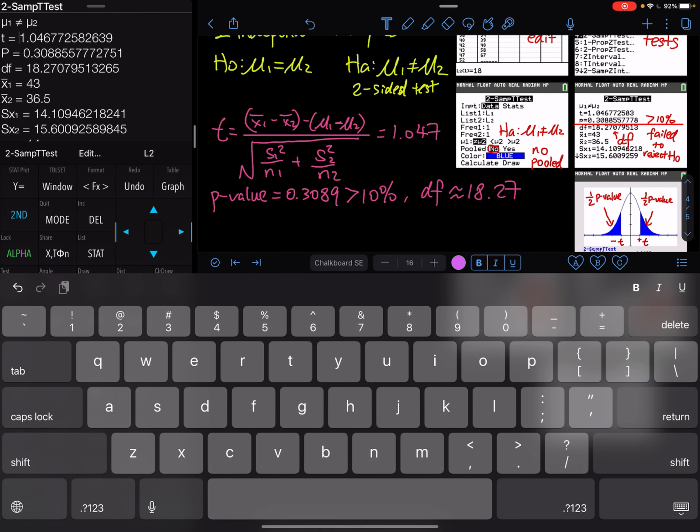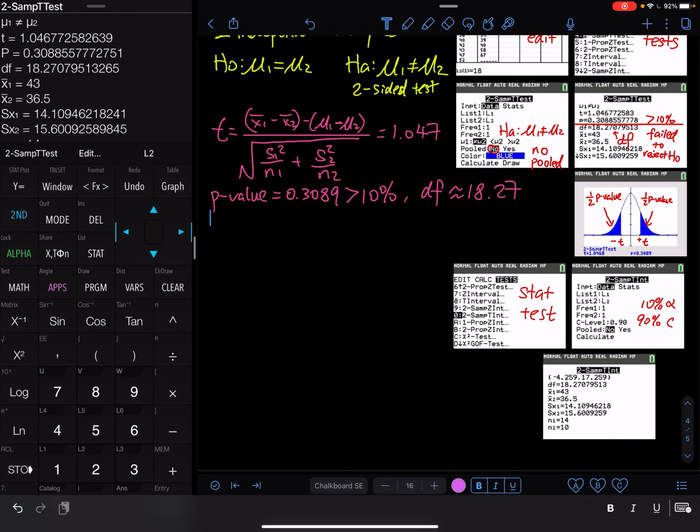Since p-value is greater than 10% alpha, then we fail to reject H naught, and say that we do not have evidence to show HA is true. So we do not have evidence to prove HA is true.